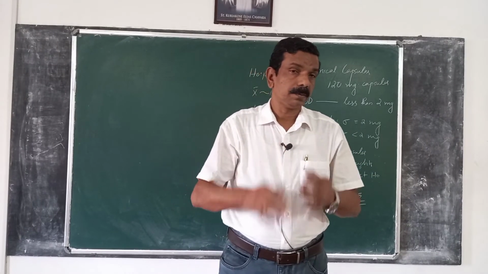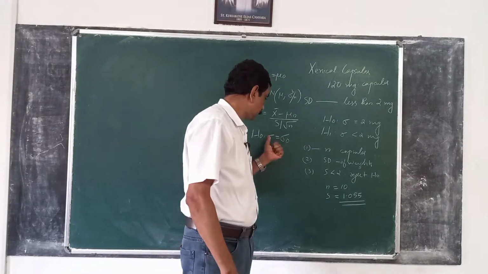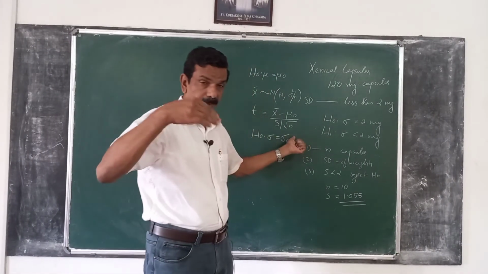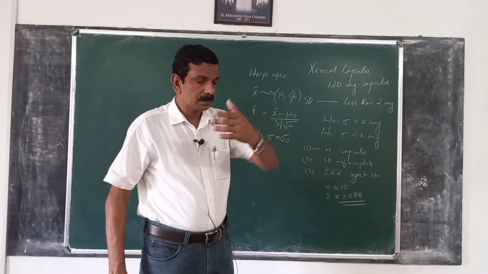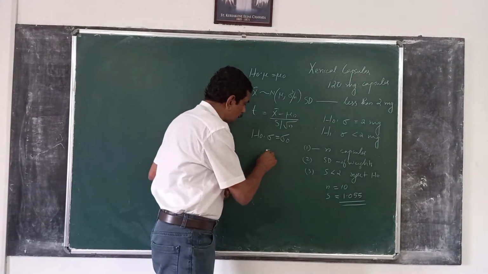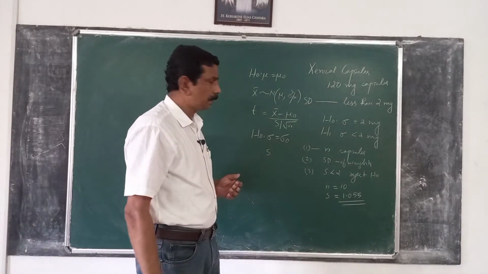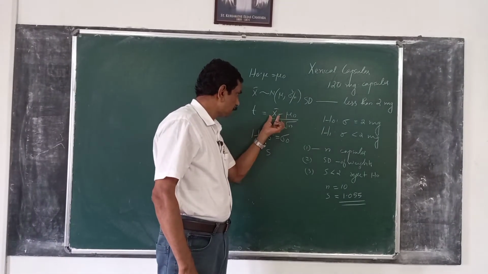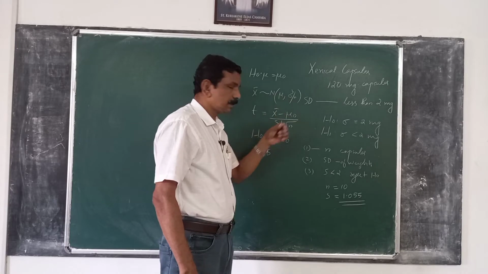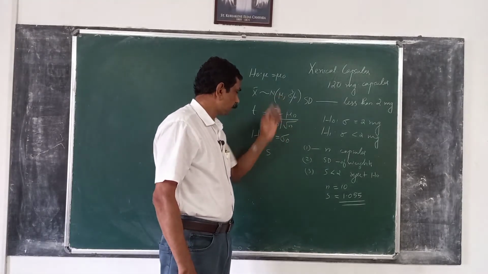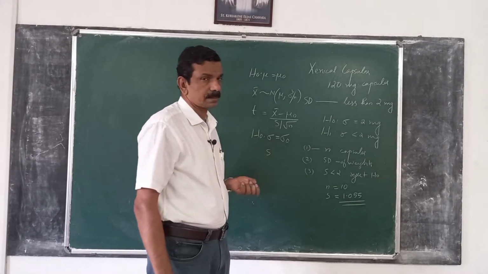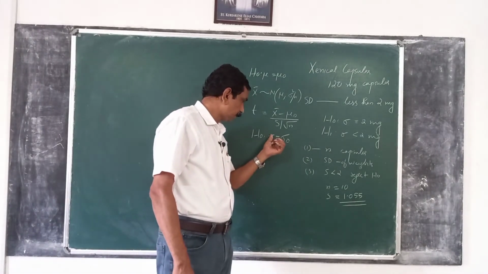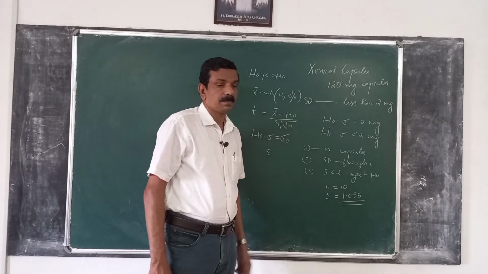Remember this, we have to test the population standard deviation. We use the sample standard deviation. But just as x bar is not directly used to test the population parameter mu, s is not directly used to test the population standard deviation sigma.